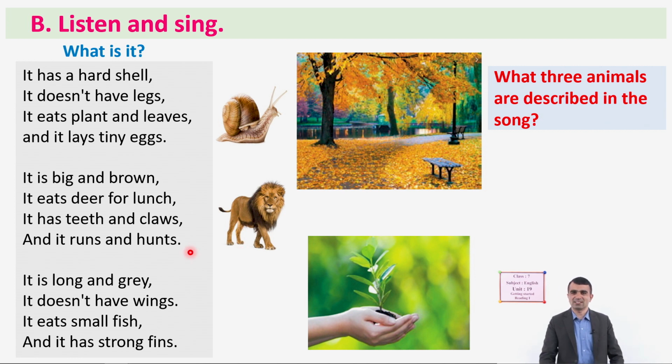Good, that's lion. Now third one, it is long and grey, it doesn't have wings, it eats small fish, and it has long fins. What is it? Having fins means it must live in water. What is it? Any guess?